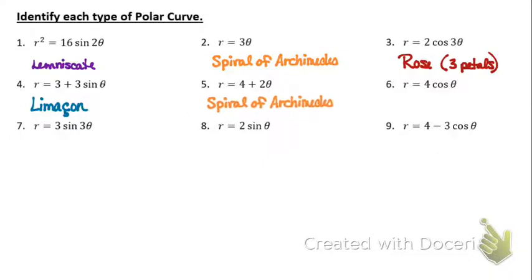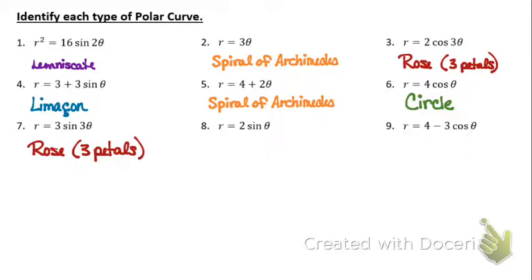What about number 5? We've got another spiral here. What about number 6? That is a circle. Seven. There's another rose. How many petals? 3 petals. What about number 8? There's another circle. Would this circle be left, right, above, or below the origin? Above.